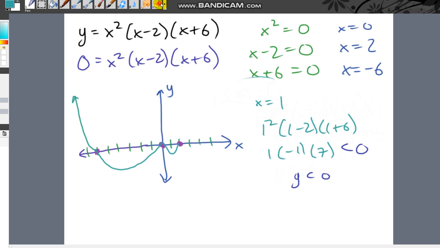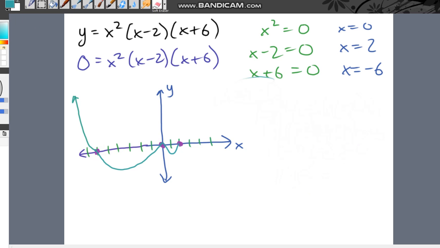Then we need to calculate the last value. This one on the right side is the values that are greater than 2. So let's try 3, right? We try 3 squared times 3 minus 2 times 3 plus 6. 3 squared is 9. 3 minus 2 is 1. 3 plus 6 is 9.